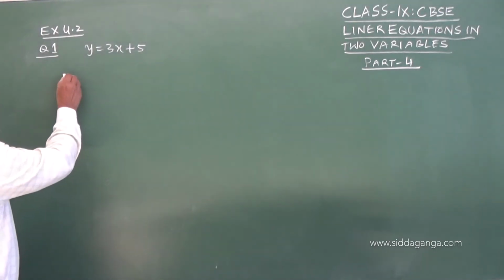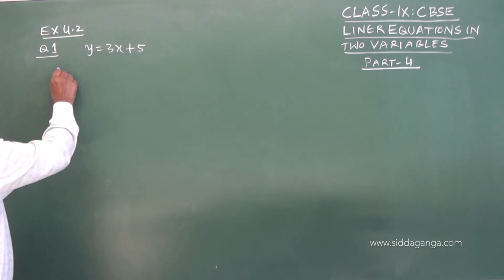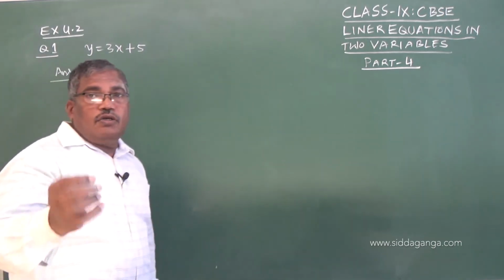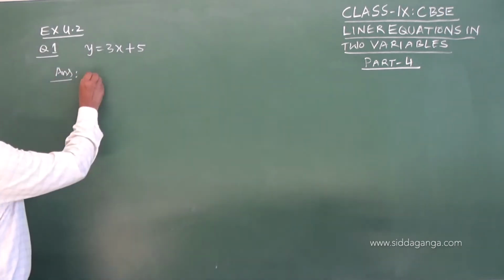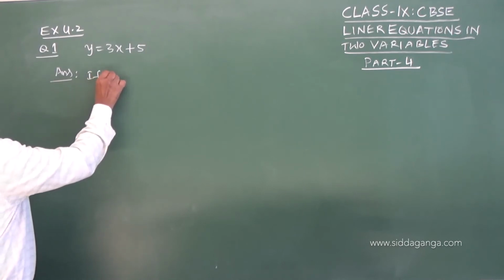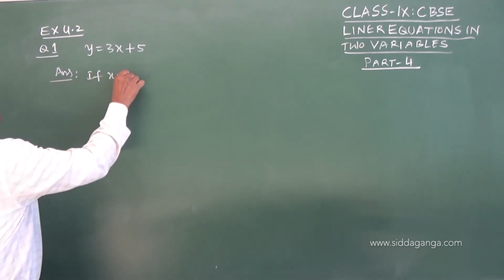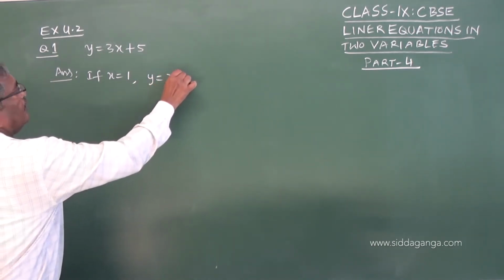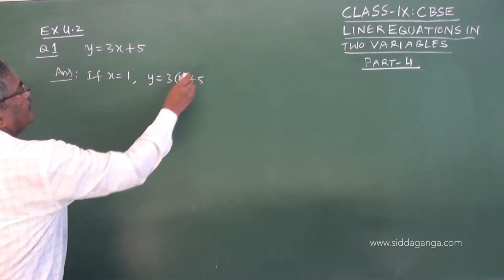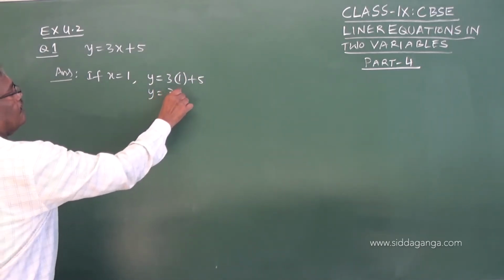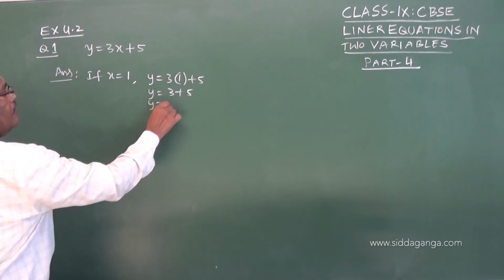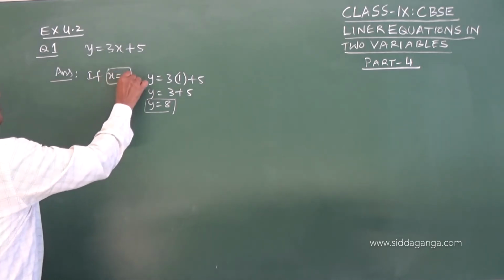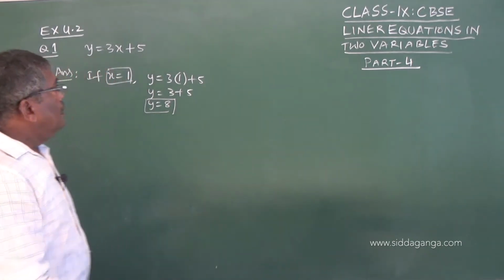In this, you can find out 2-3 solutions. If x equals 1, let us say, then y will be equal to 3 into 1 plus 5, that is y equals 3 plus 5, y equals 8. So when x is 1, y is 8.